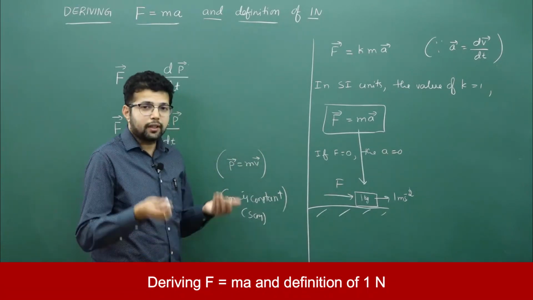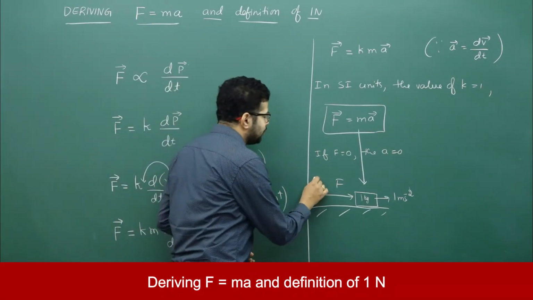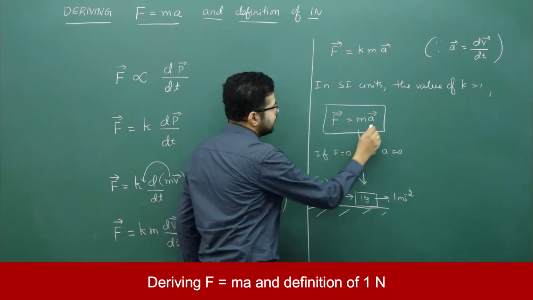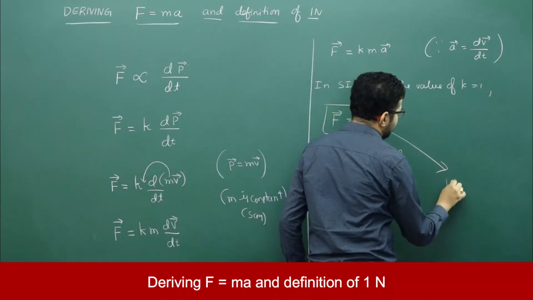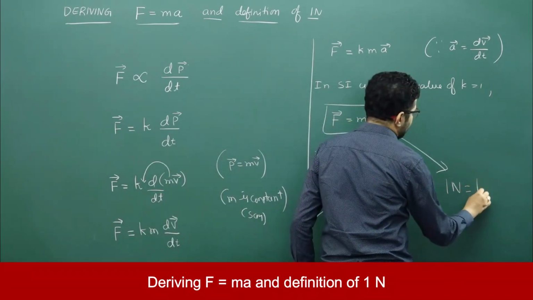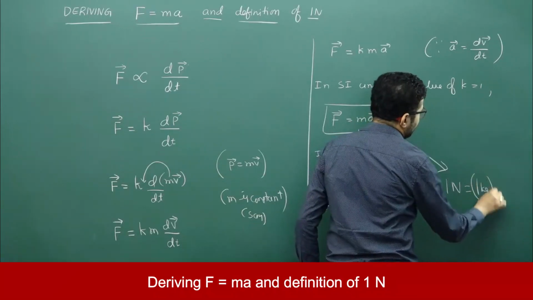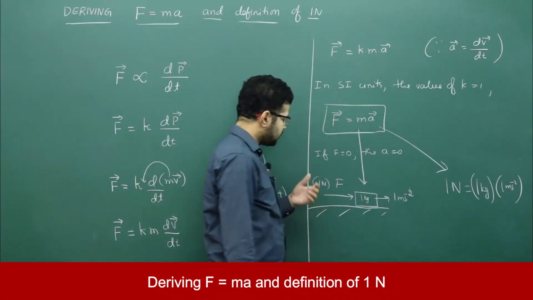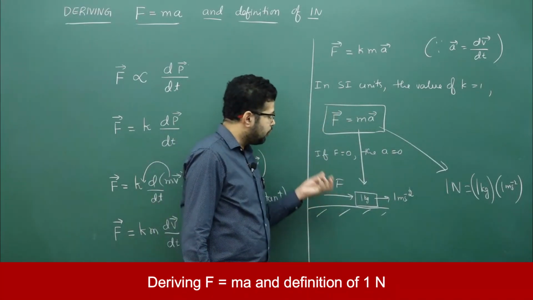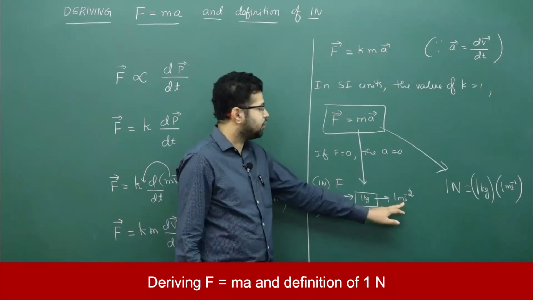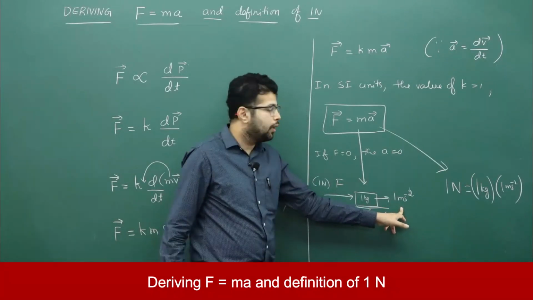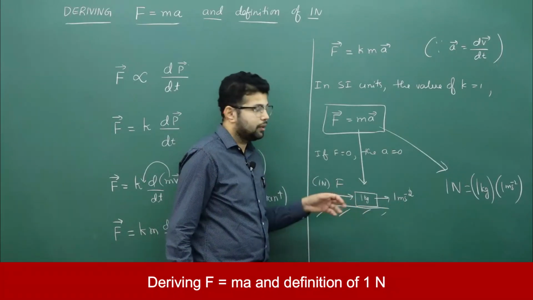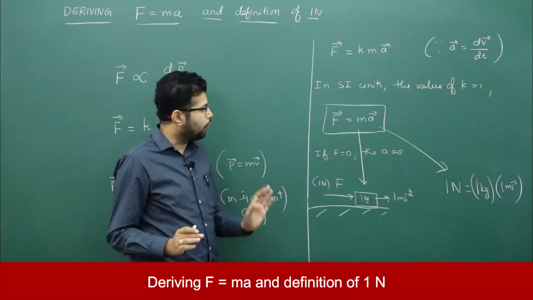Then the force that you have applied is 1 Newton. From this equation I can write 1 Newton is equal to 1 kg into 1 meter per second square. Remember, if a force can produce an acceleration equal to 1 meter per second square in a body of mass 1 kg, then the force that you have applied is 1 Newton.